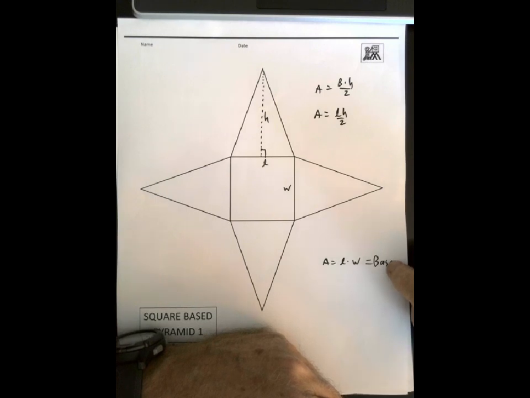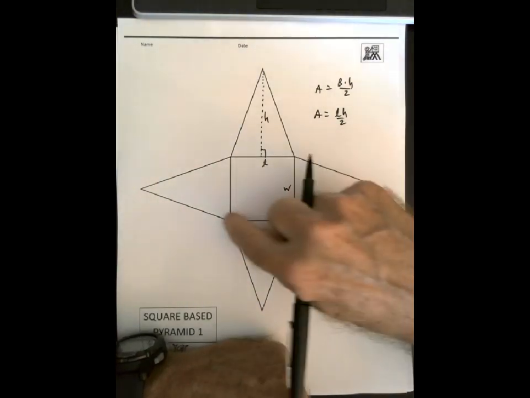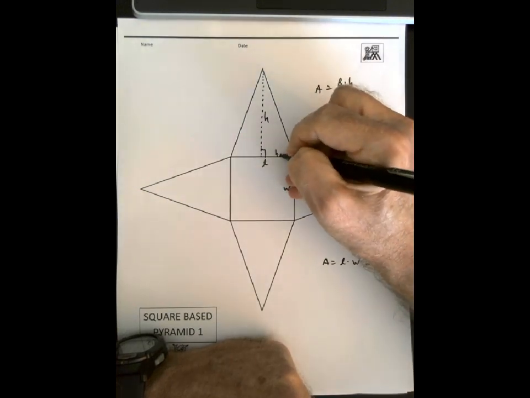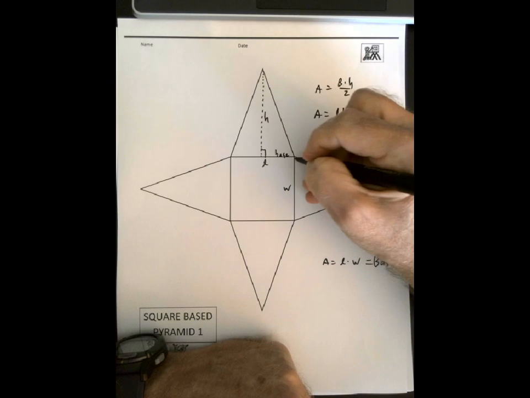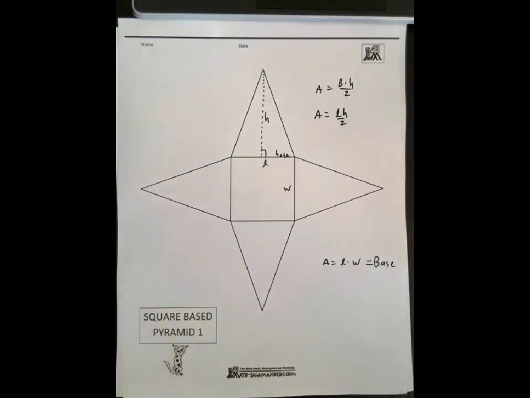When I say base, I'm using the word base 2 times. When I mean Base with a capital B, I mean this entire bottom side. When I say base with a little b, I mean the bottom side of the triangle, which I'm going to call the length, so I don't have to use the word base twice, which would be confusing.